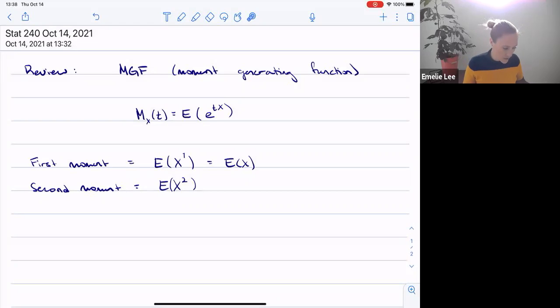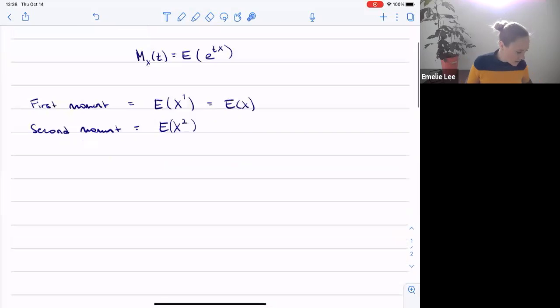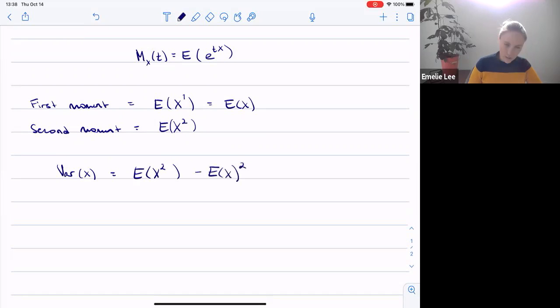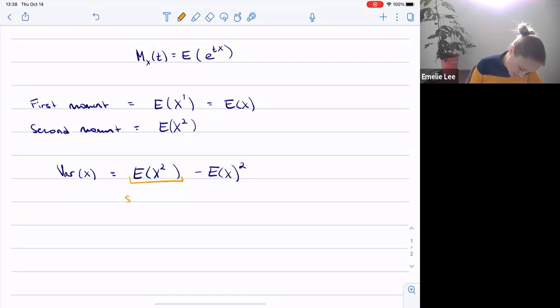Okay, so we also said that the variance of x is the expected value of x squared minus the expected value of x, squared. This is the second moment minus the first moment squared.